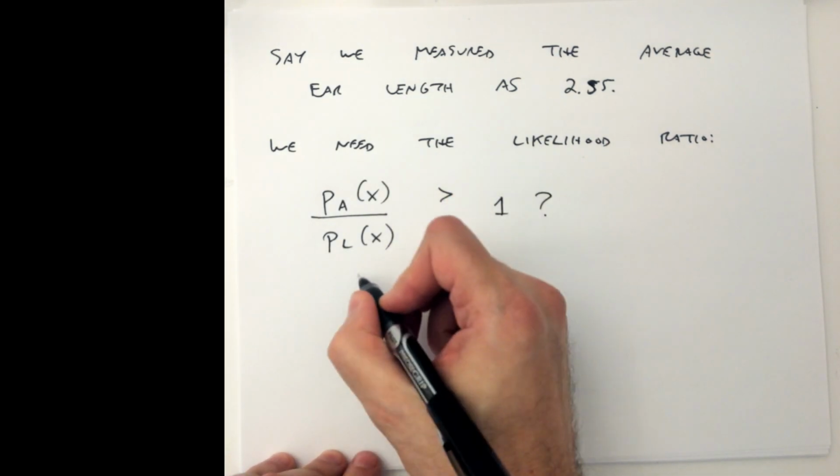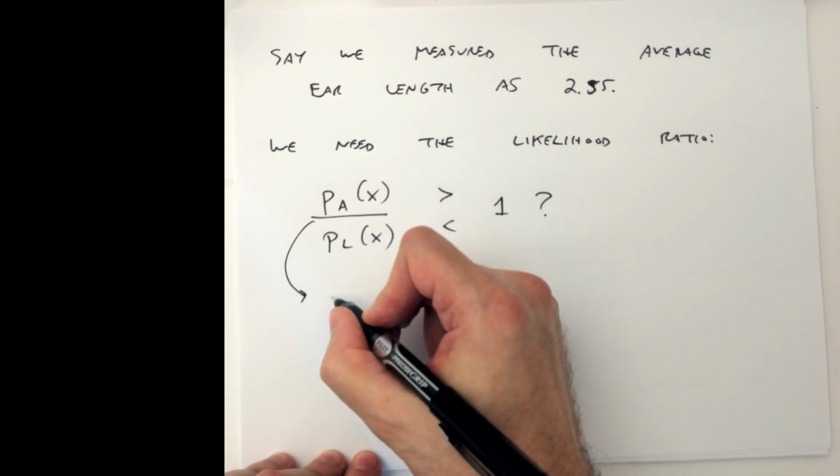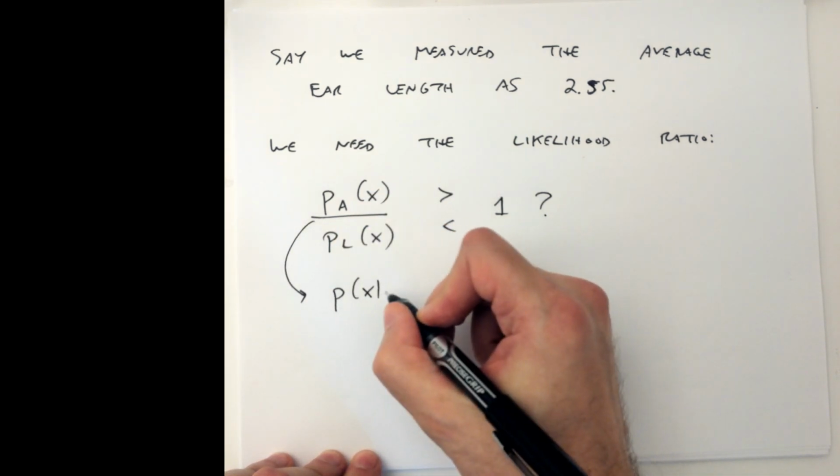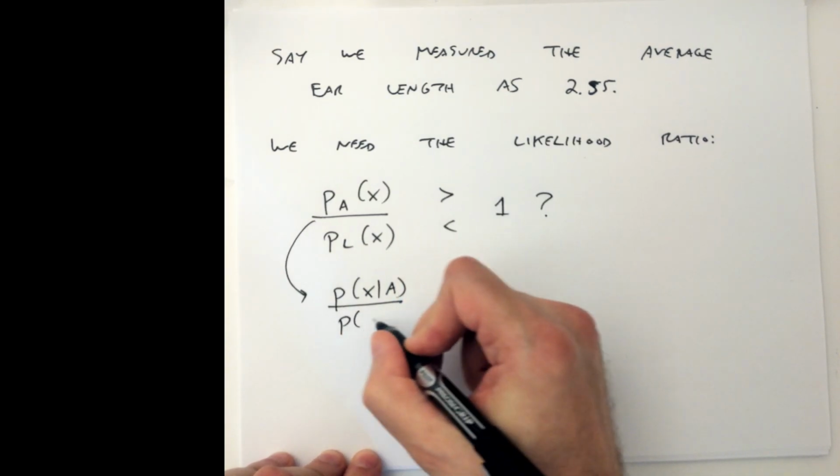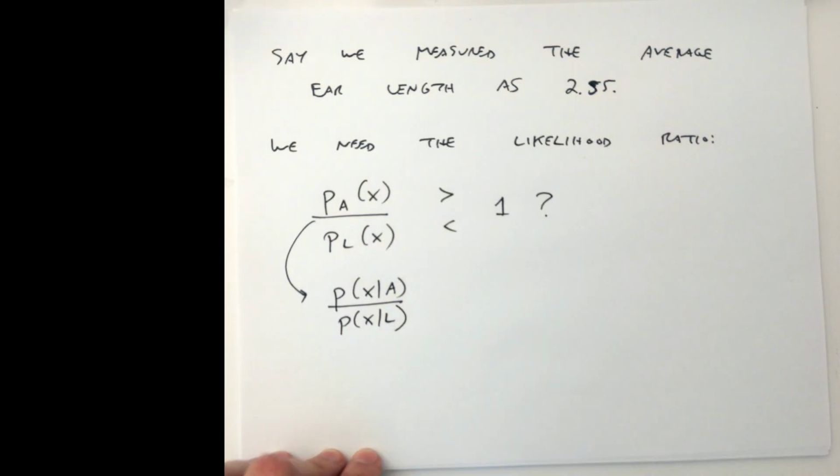So I need to compute this number. And this is just a different way of saying the PDF of x given A over the PDF of x given L, right?